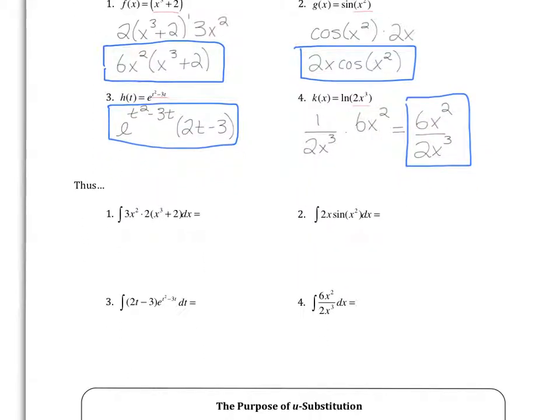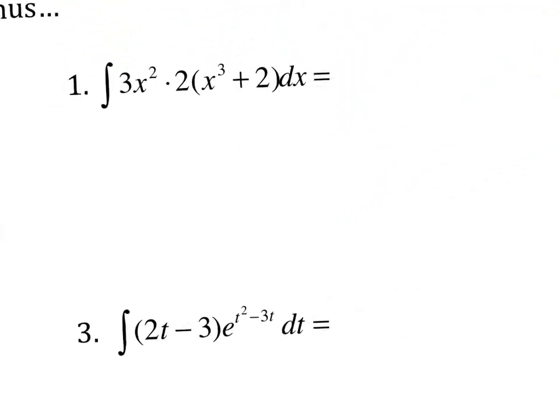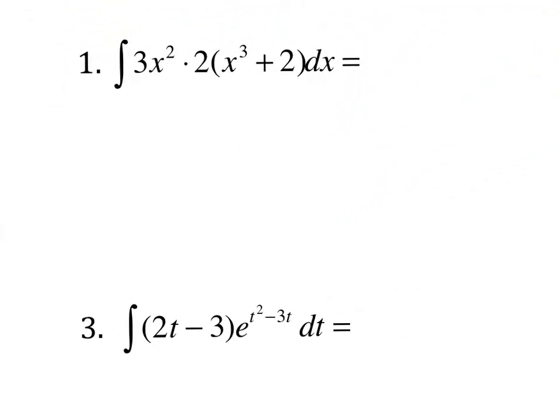So let's take a look at this first one here. This first integral, right? So notice how this relates to the first problem that we did. We see a function and its derivative outside here. The 2, that came from the application of the power rule.